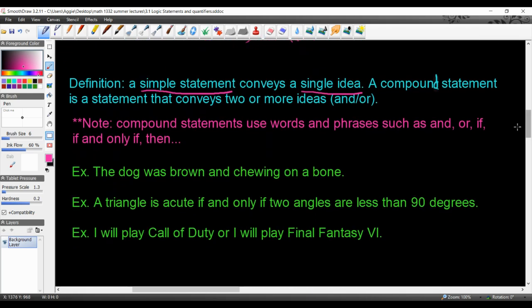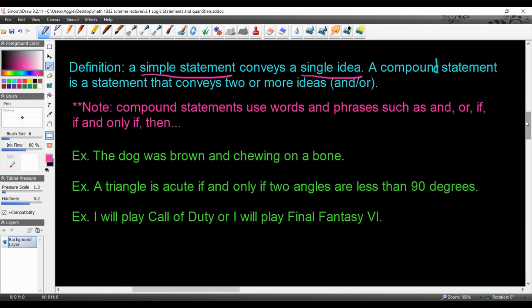Okay. A compound statement is a statement that conveys two or more ideas. Usually you have the words and, or, stuff like that in between. So it's kind of like going back to your old English class in elementary, a compound sentence would be something like, I like burgers and I like French fries. Okay, so where it has at least two simple ideas.